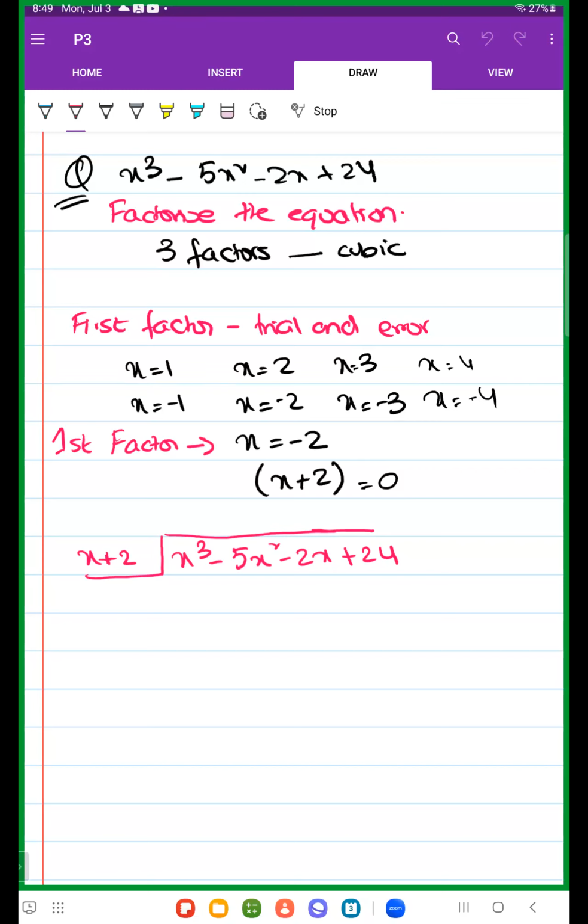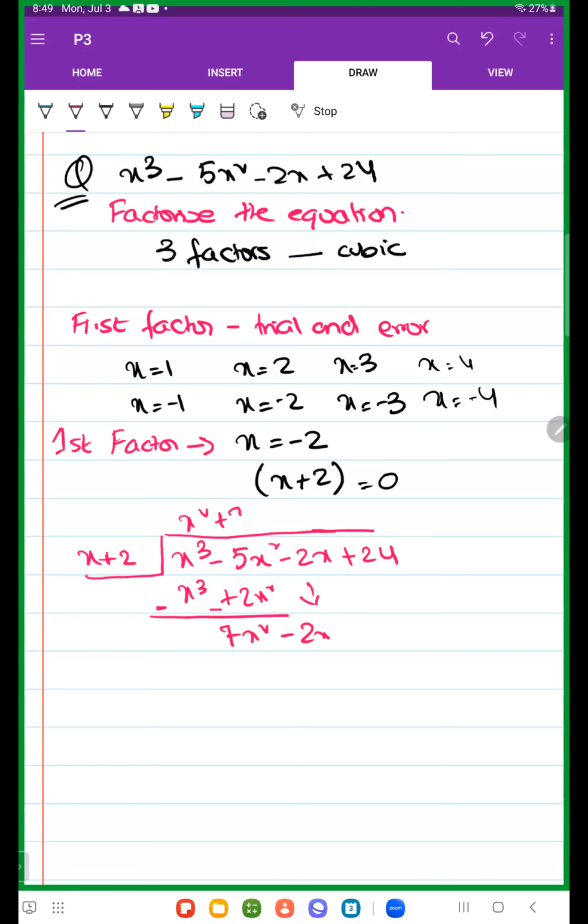Okay, so my quotient is x squared minus 7x plus 12. So we have x squared, then we multiplied it. So we got x cubed plus 2x squared. Signs change. I get minus 7x squared minus 2x. I bring this down.